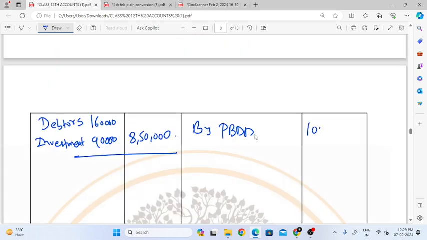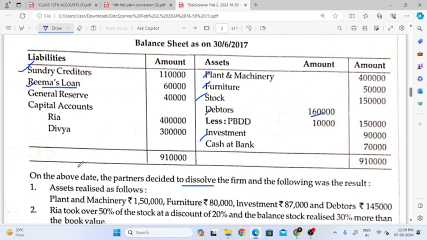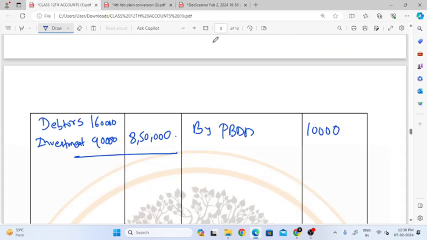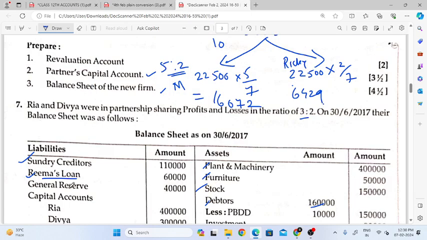Now we have to move to the adjustment, and one more thing we have to take, we have to distribute general reserve of 40,000 in their ratio. You are going to distribute it in the partners capital account. So I am writing by general reserve. General reserve they have given as 40,000.